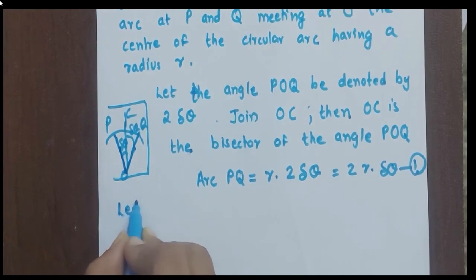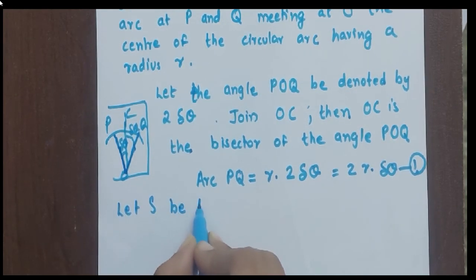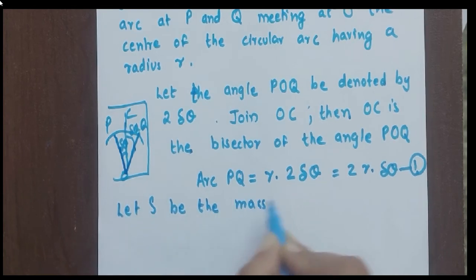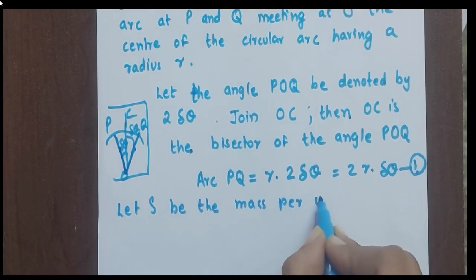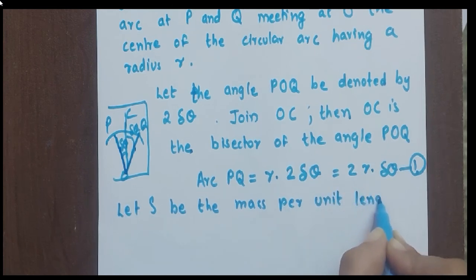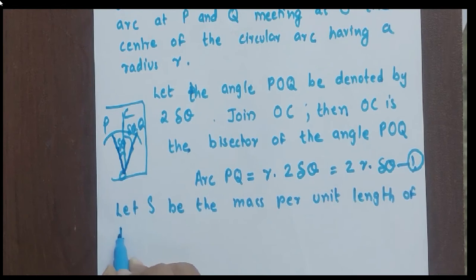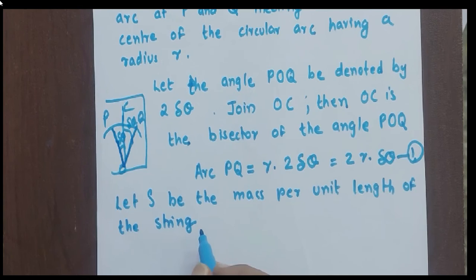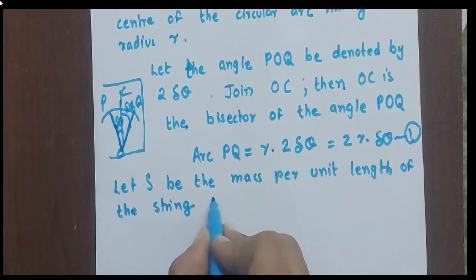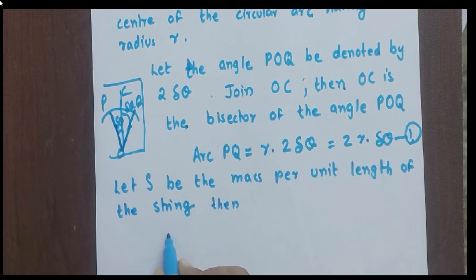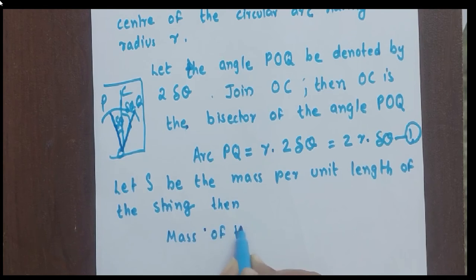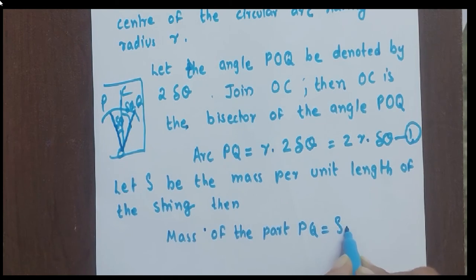Let rho be the mass per unit length of the string, then the mass of the part PQ is equal to rho into PQ.